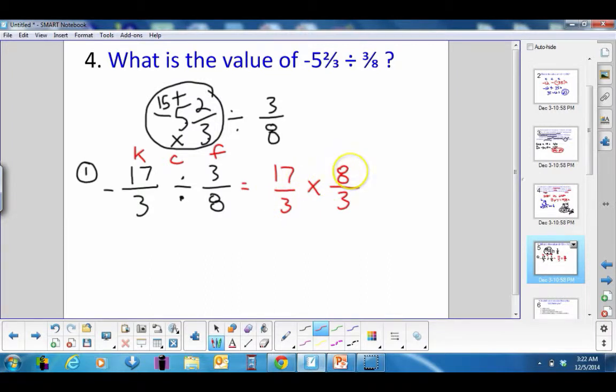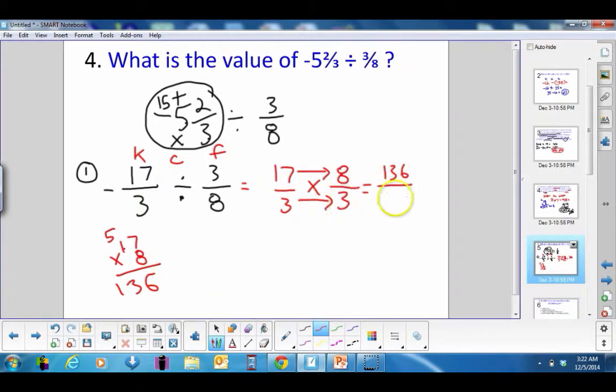Now for me to solve this multiplication problem, I just multiply across. So let's do the top. 17 times 8. 7 times 8 is 56. Carry the 5. 1 times 8 is 8. Plus 5 is 13. 136.